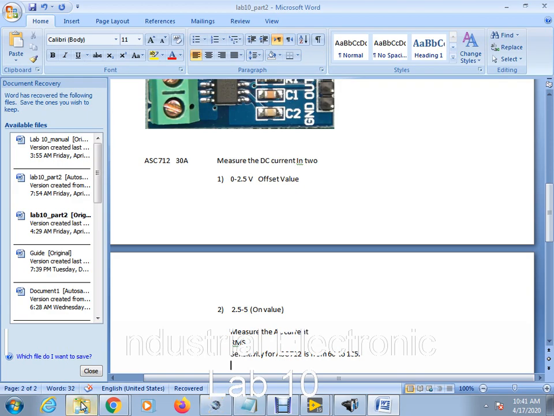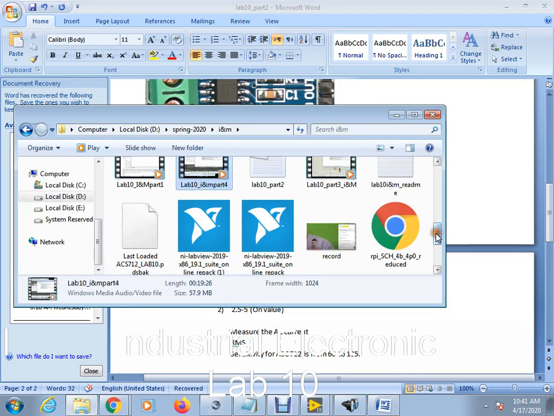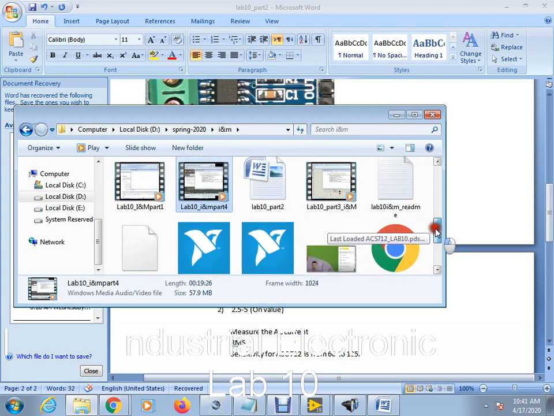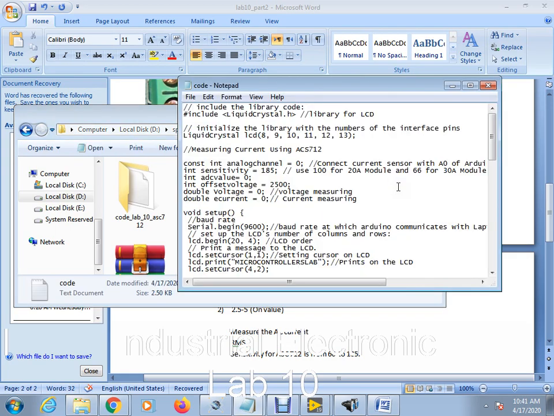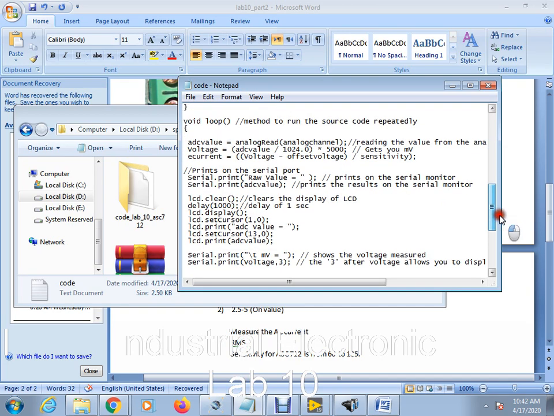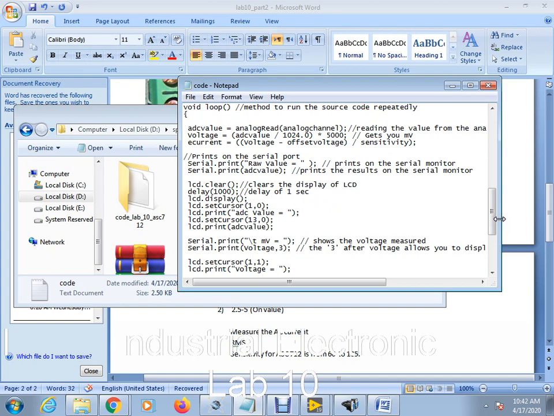So this is the coding. The offset is 2500, and the sensitivity is from 66 to 185. So we have one formula here.